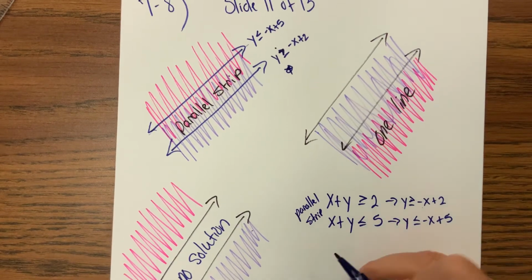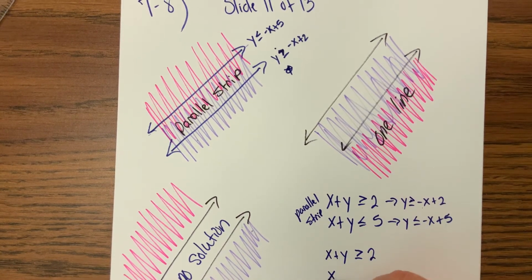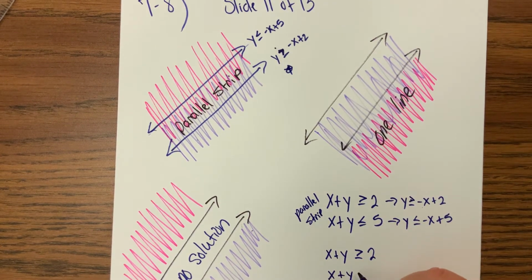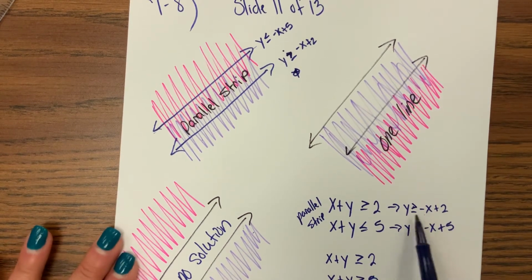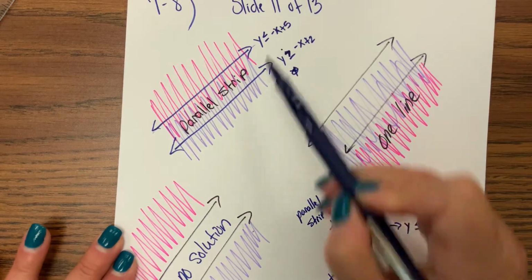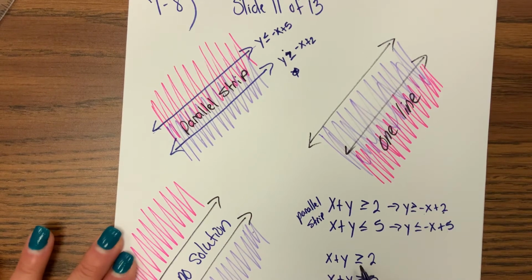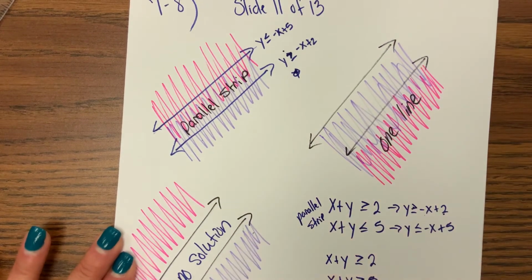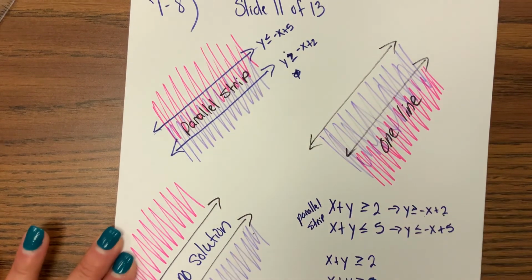So the next one I'm going to write down uses the same inequalities. The only thing different about them is going to be the symbol. So remember, when it was greater than or equal to the bottom line and less than the top line, it was the parallel strip. This one is greater than or equal to the bottom line, and greater than or equal to the top line.